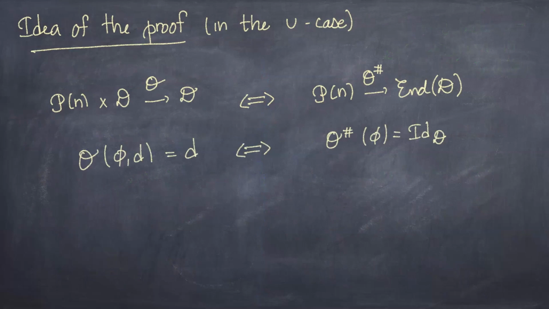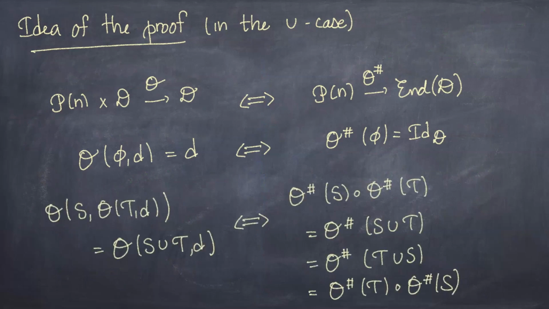And the fact that theta of empty set D is equal D is saying that theta sharp of the empty set should just be the identity functor. And saying that theta is really an action, that theta S, theta TD is the same as theta S union TD, means that theta sharp of S union T will obviously be theta sharp of T union S because it's strictly symmetric.